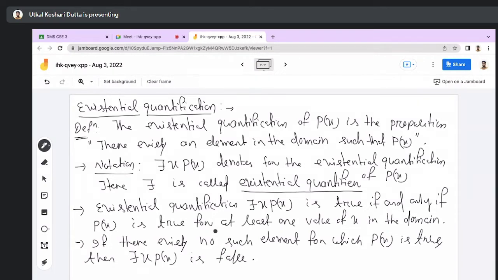That means, very simple: if you get at least one element in the domain for which the given predicate is true, then the existential quantification will be true. If there exists no such element, that means for all the elements in the domain P of x is false. That means there is no element in the domain such that the predicate is true. Then you can say that the existential quantification is false.